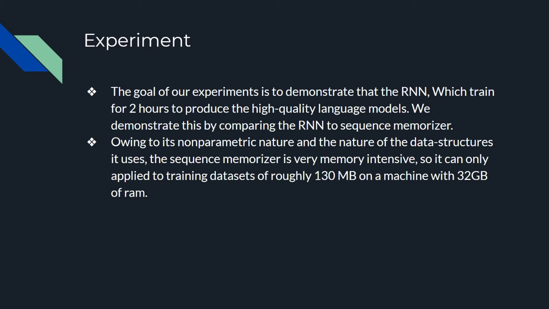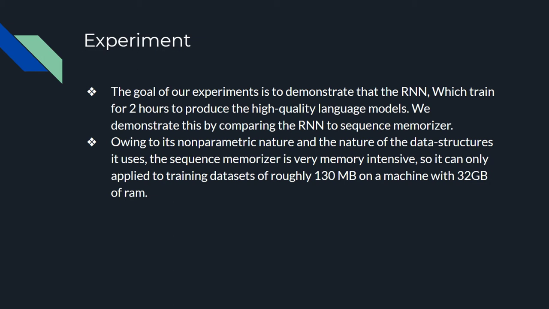And the experiment we did in this project: the goal of our experiment is to demonstrate that an RNN trained for 2 hours can produce a high quality language model. We demonstrate this by comparing the RNN to the sequence memorizer.